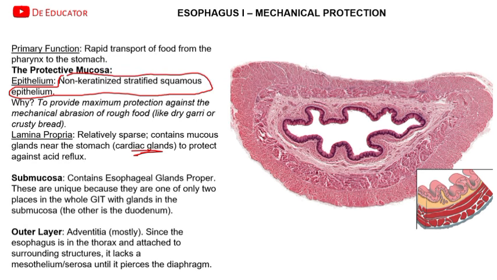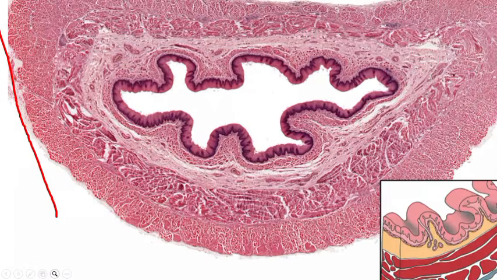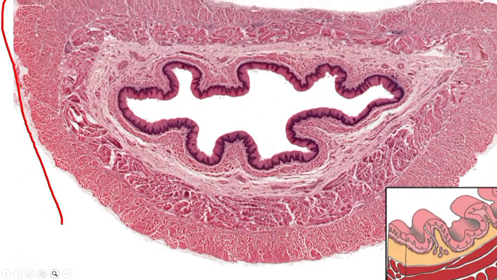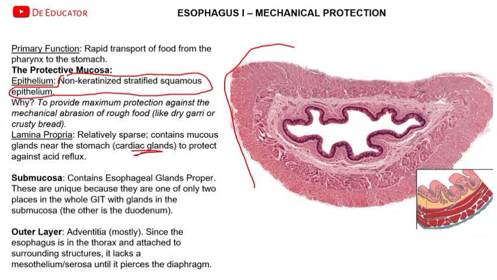So the submucosa, which is the next after the mucosa, contains esophageal glands. Now looking at this histological slide that you can see here, let me show you what I am talking about. If you look at this region here, you have your mucosa.